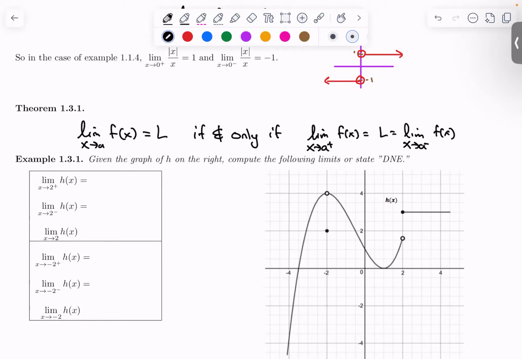So the limit as x approaches 2 from the right of h of x. We'll color code this. 2 from the right is 3. That's right. But the limit as x approaches 2 from the left is 1.7-ish. Wasn't perfect. I forgot to make this a little bit better of a function. So, oh well. It is roughly 1.7.